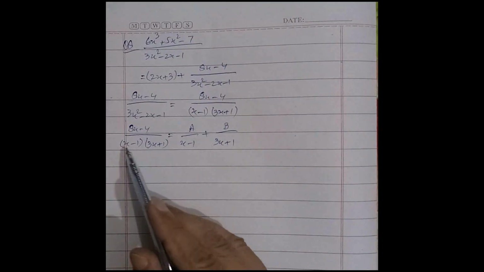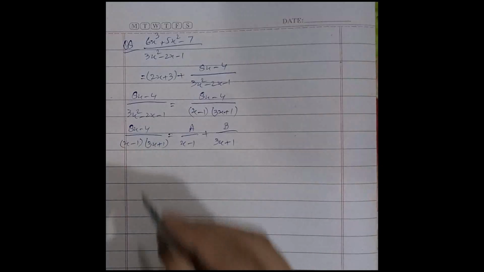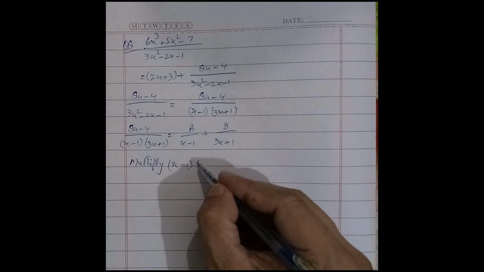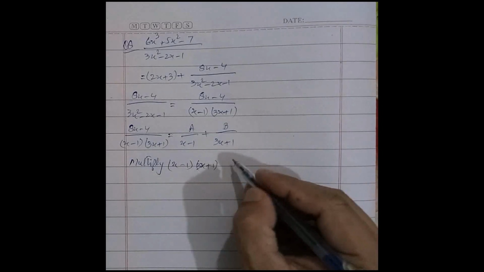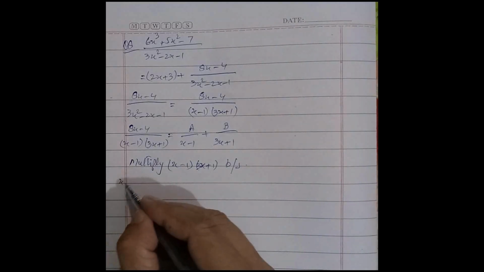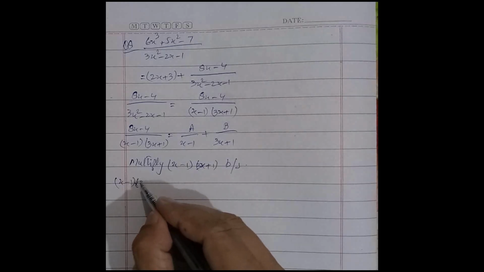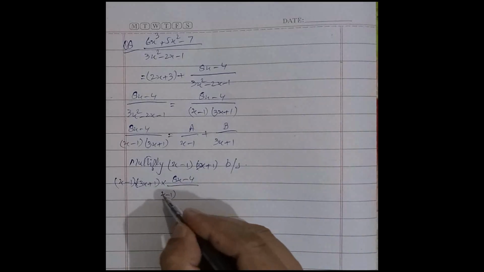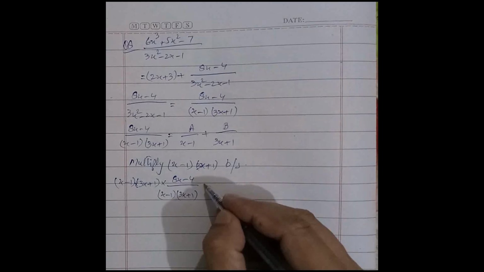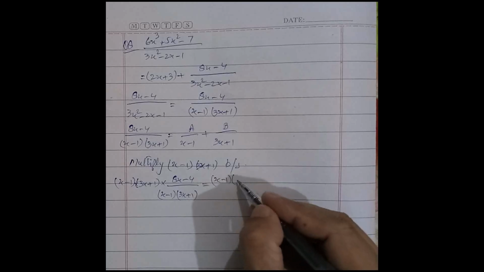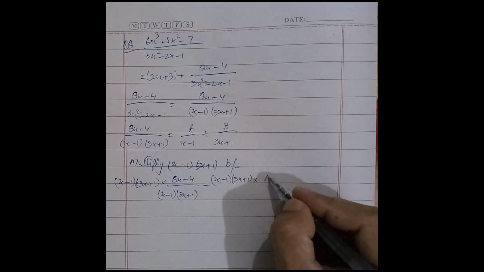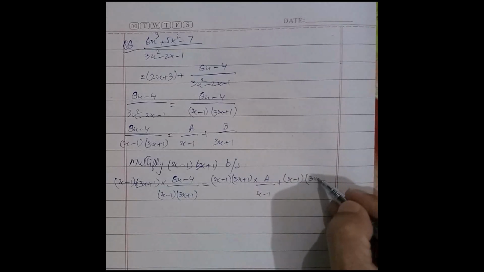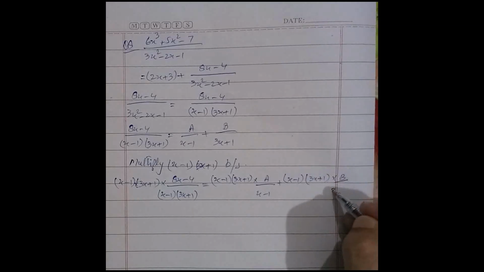And the next step: the denominator of the fraction, we multiply both sides. Multiply x minus 1 into 3x plus 1 both sides. We get x minus 1 into 3x plus 1 multiplied by 8x minus 4 over x minus 1, 3x plus 1 is equal to x minus 1, 3x plus 1 multiplied by a over x minus 1 plus x minus 1, 3x plus 1 multiplied by b over 3x plus 1.